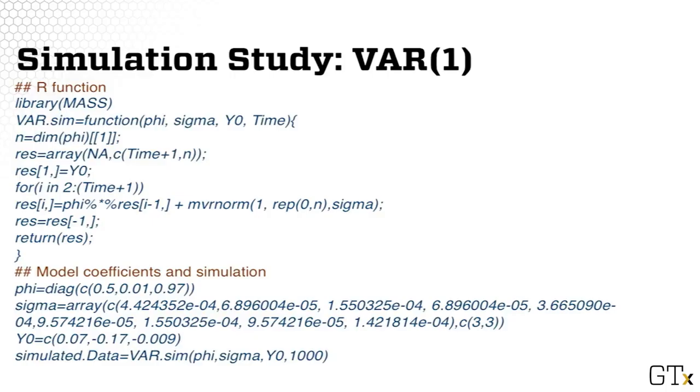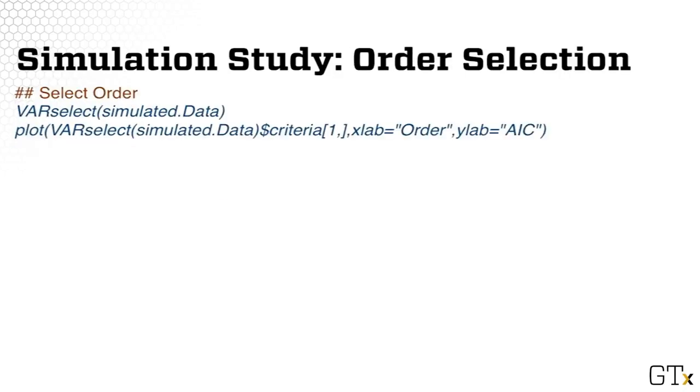Let's return to the simulation study where I simulated the VAR1 model for a multivariate time series with 3 time series. In order to select the order, we can use the VARselect function in R, where the input is simply the multivariate time series.